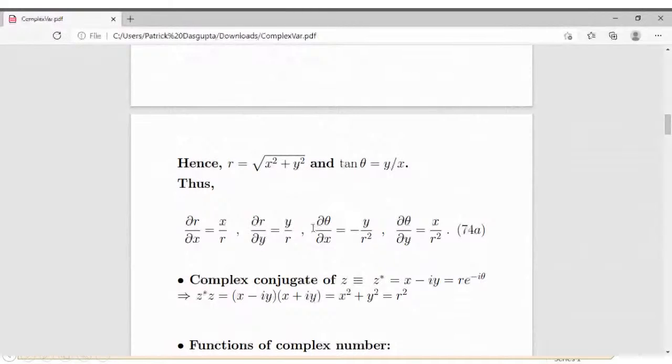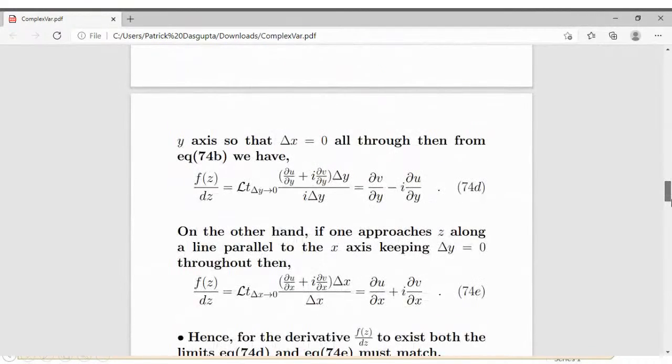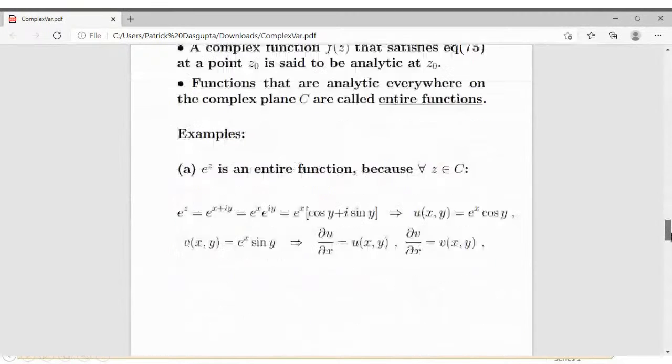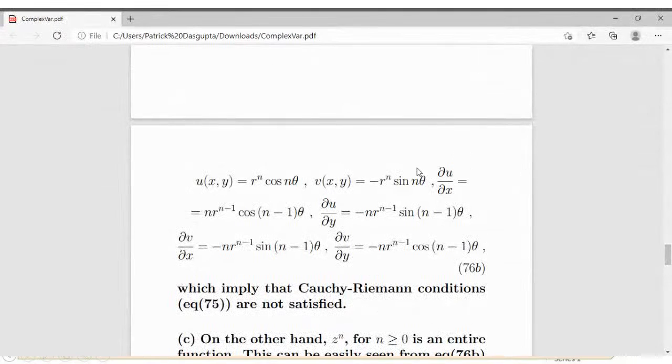In equation 74a, we have the partial derivatives of r and theta with respect to x and y. Using this set of results, one can easily show that del u by del x, because u depends on both r and theta, and r and theta both depend upon x and y.